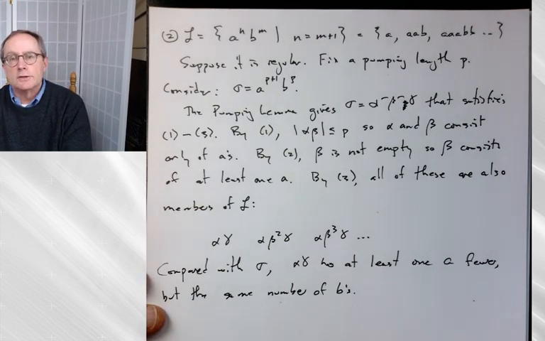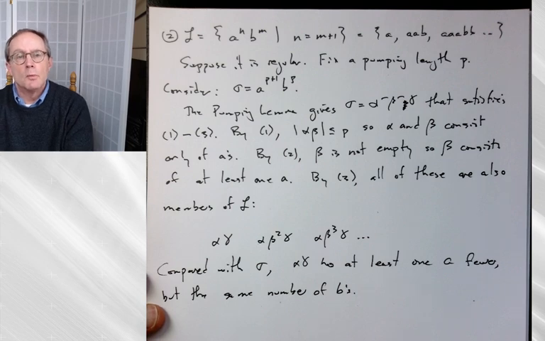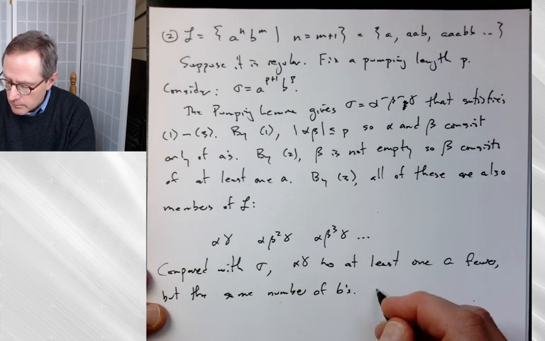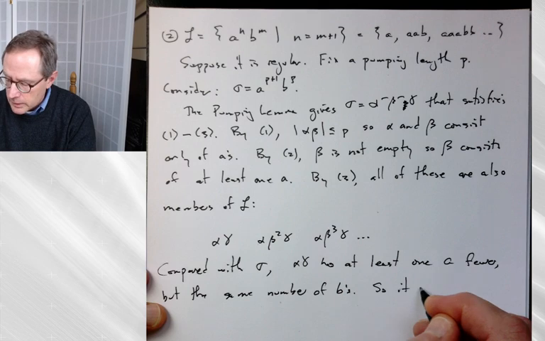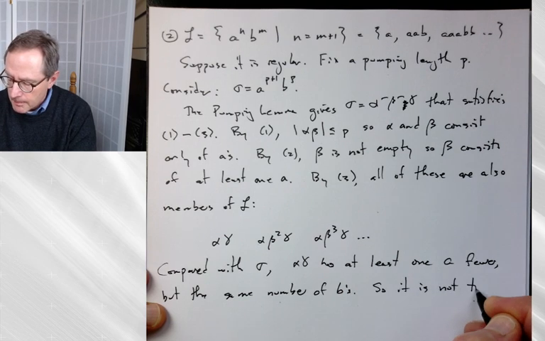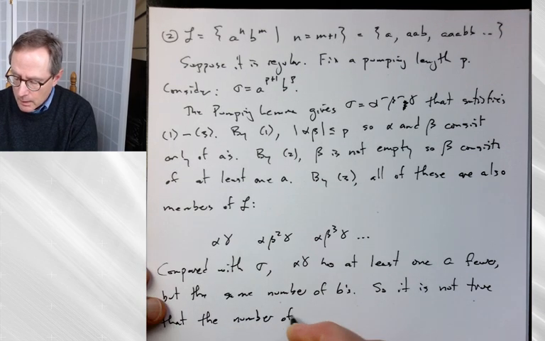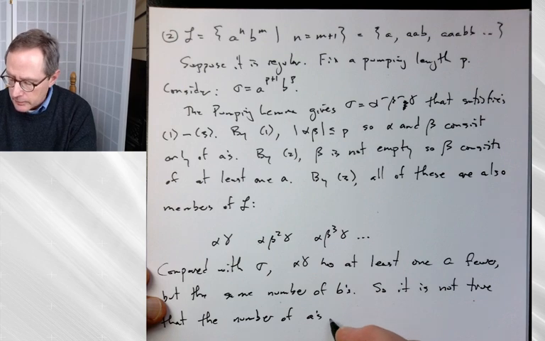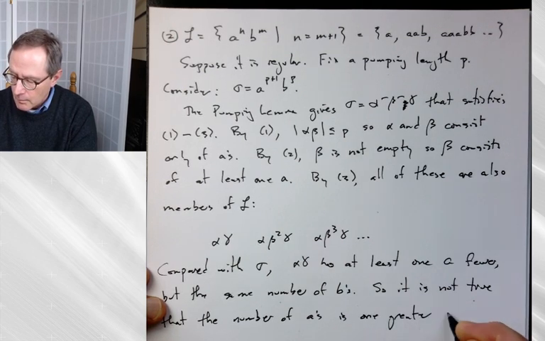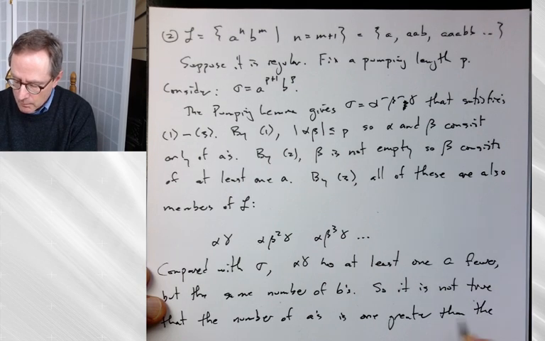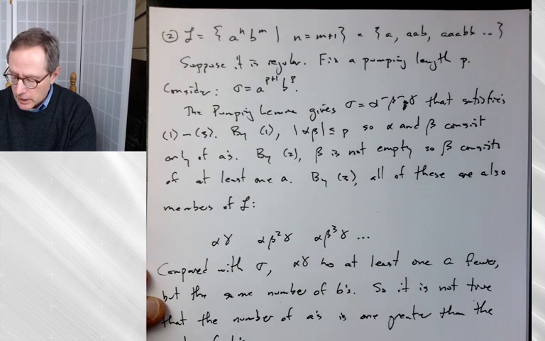That is to say, it's not the case that the number of A's is one more than the number of B's. So it is not true that the number of A's is one greater than the number of B's. So alpha gamma is not in the language. That's a contradiction.